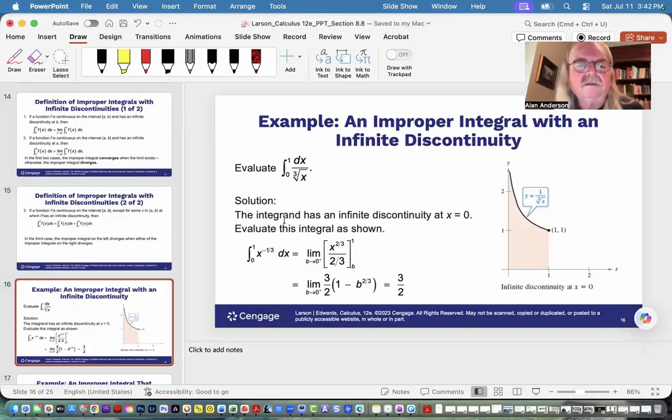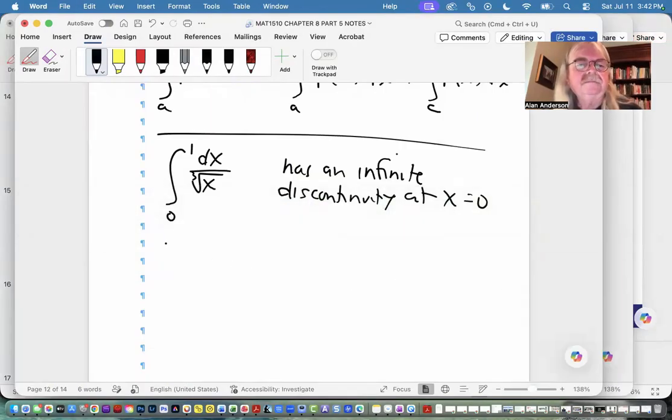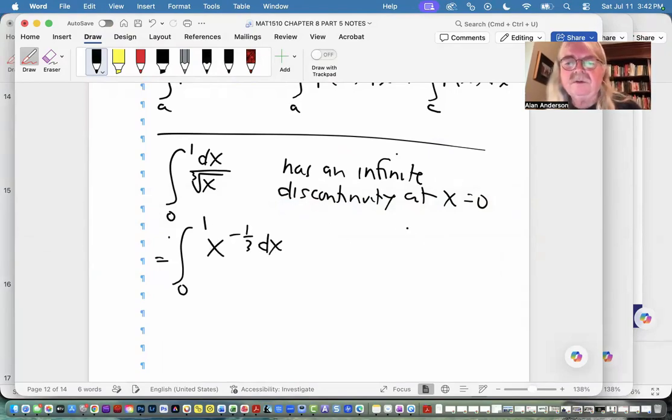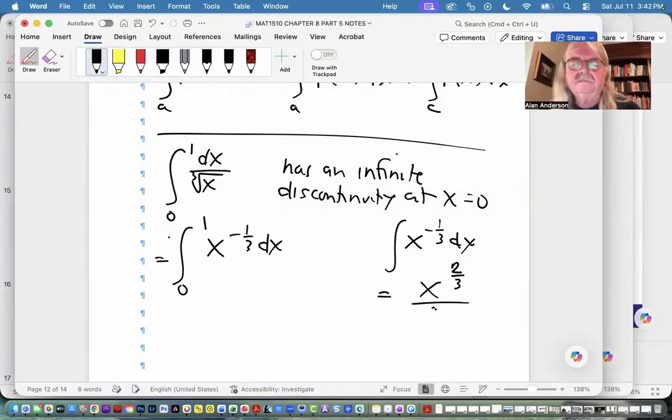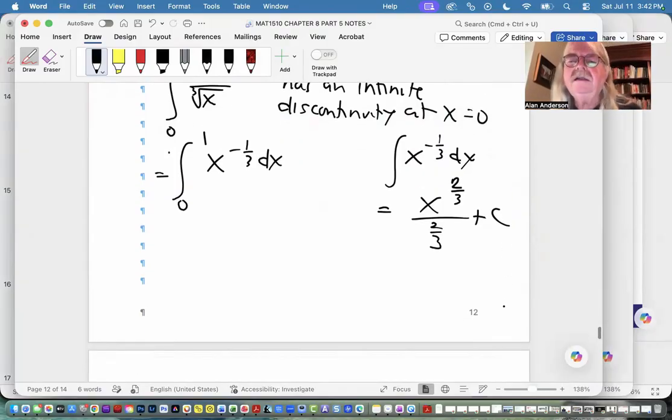All right, so what do we do? So they're going to rewrite it like this, just so it's easier to see how to apply the power rule. So if it were an indefinite integral, this would be our result.